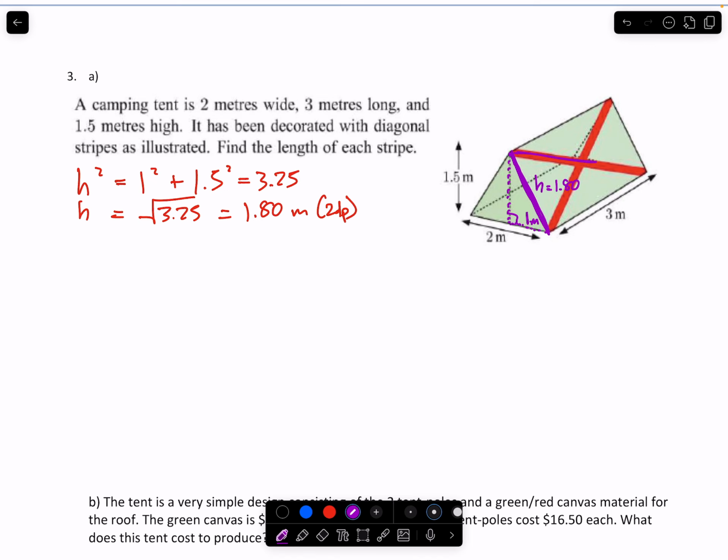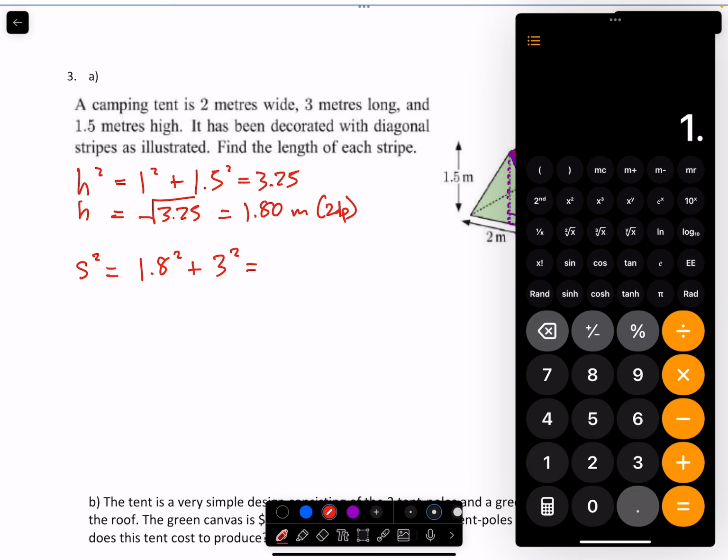The stripe here, which I'm going to call S, is the hypotenuse of this right angled triangle, one of whose sides we just found. The other side is 3. So S squared is 1.8 squared plus 3 squared, which is 12.24.